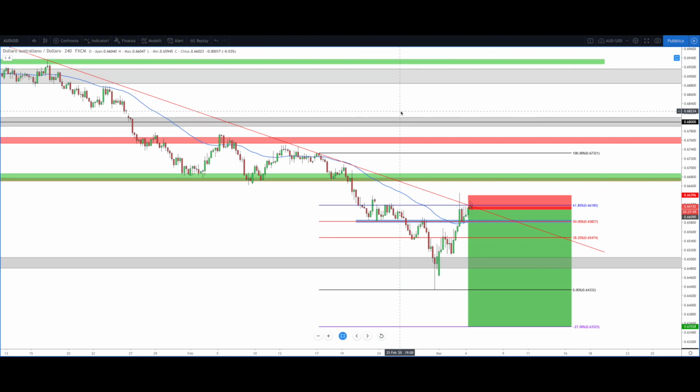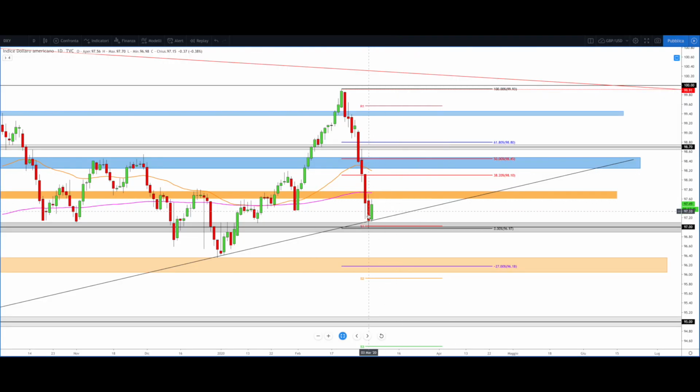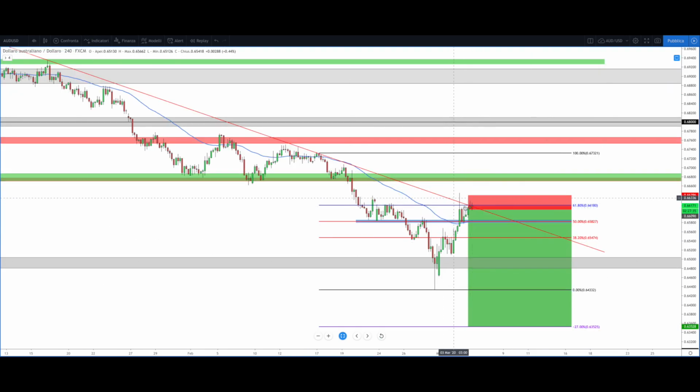So if the price confirms on the dollar index this bullish engulfing candle, as explained before, this could be a huge bearish signal for every pair against the US dollar, and this could include Australian dollar, US dollar, because if the price now gives us some clear bearish signal, like a shooting star candle or a bearish engulfing candle, a clear correlation after this signal with the dollar index could be a big confirmation, one of the strongest confirmations, because if we have a good correlation with the dollar index, our analysis is very simple, because we need only to know the next target for the dollar index to have a big confluence for our setup.